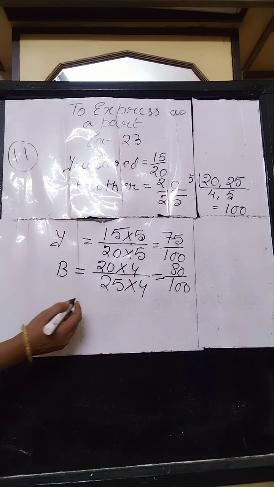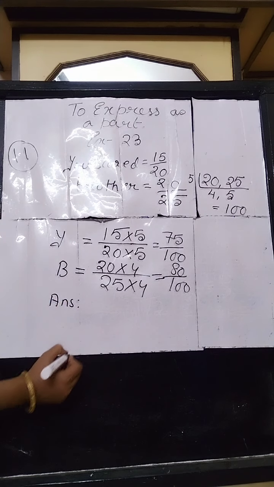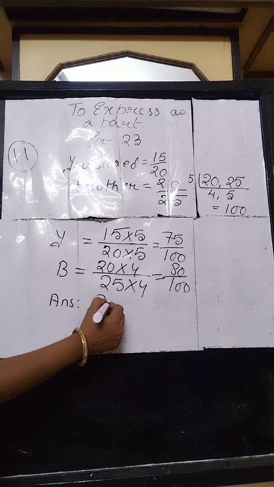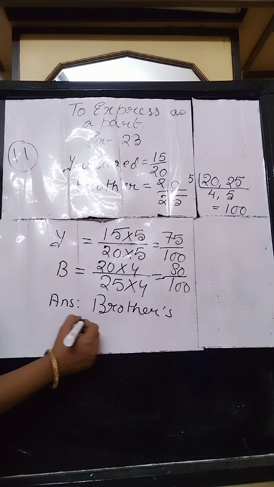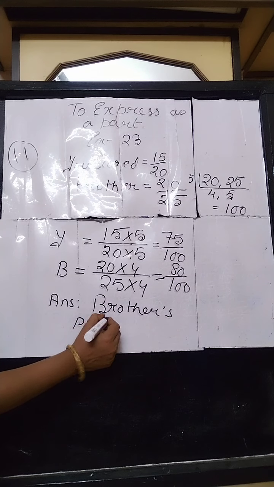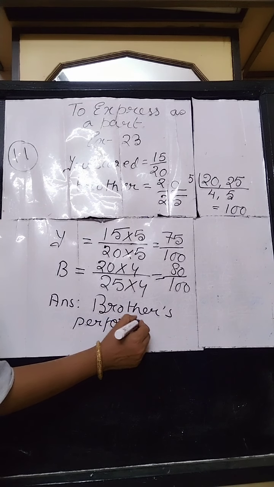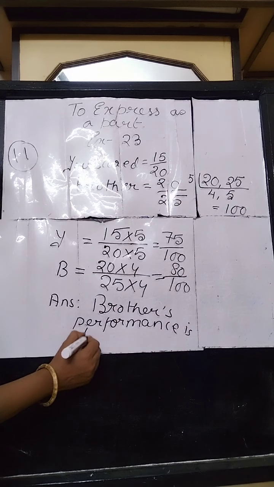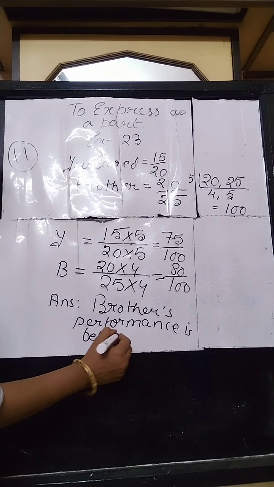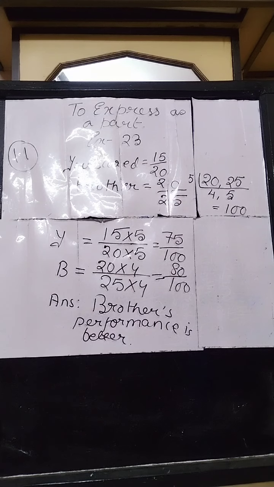So the answer you will write down: since brother has scored 80 out of 100, brother's performance is better. In this way you will solve the problem sums given to you. Very quickly we move on to the next sum.